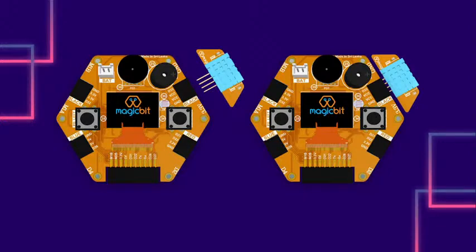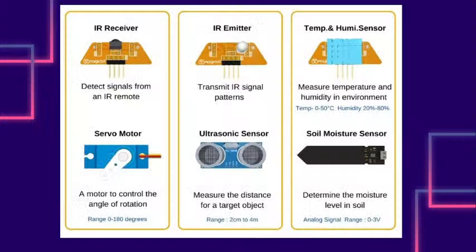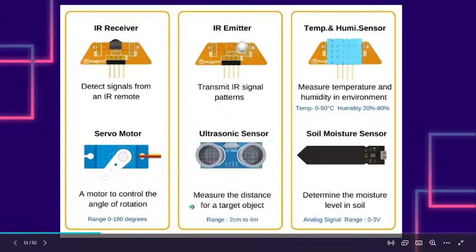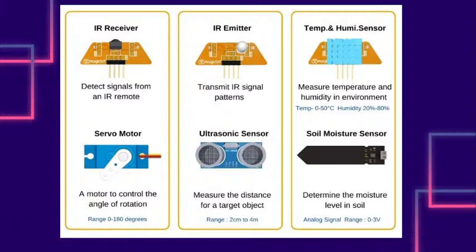So with the Magicbit, there are mainly 10 sensors and actuators that you can directly plug in. They are the IR receiver, IR emitter, and also the temperature and humidity sensor, which we call DHT11. And also you can plug the servo motor directly to the Magicbit, and also the ultrasonic sensor. And you can use the soil moisture sensor directly with the Magicbit.